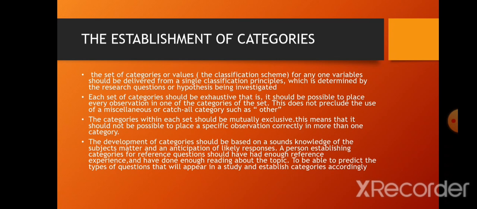Each set of categories should be exhaustive; that is, it should be possible to place every observation in one of the categories of the set. This does not preclude the use of miscellaneous or catch-all categories such as "other." The categories within each set should be mutually exclusive. This means that it should not be possible to place a specific observation correctly in more than one category.